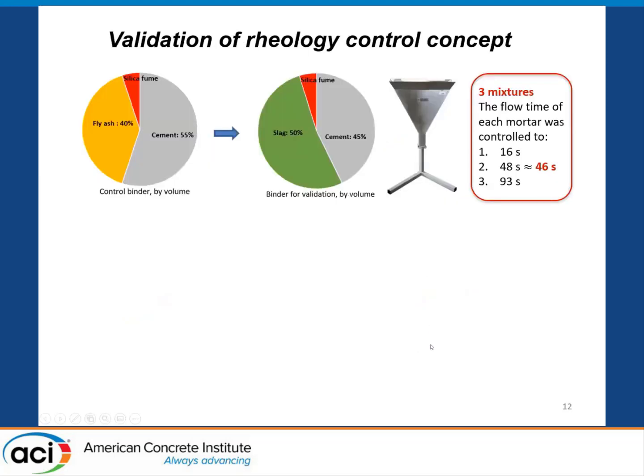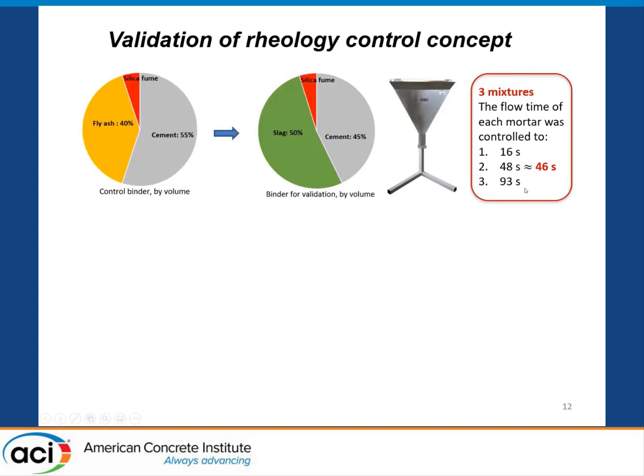And we also validated this concept by changing the mixture design. So we changed the binder system, and we controlled the mini funnel flow time of the UHPC mortar to 16 seconds, 68 seconds, which is close to the 46 seconds, the optimum flow time.